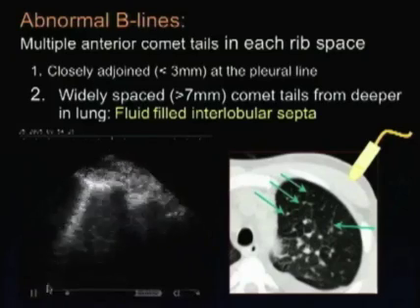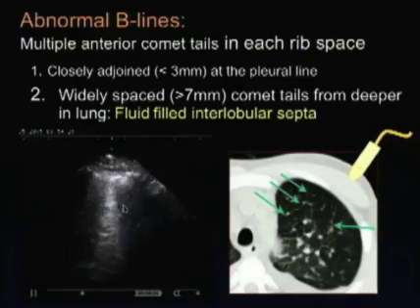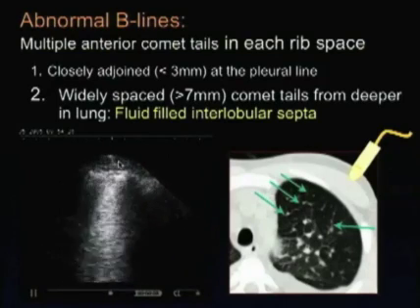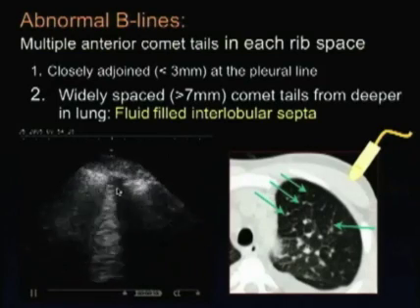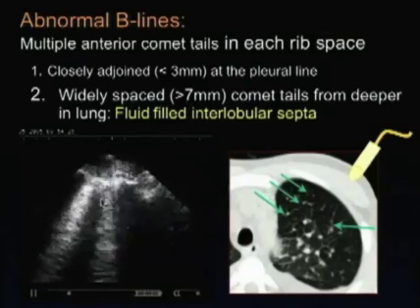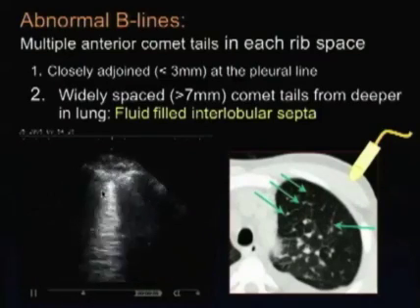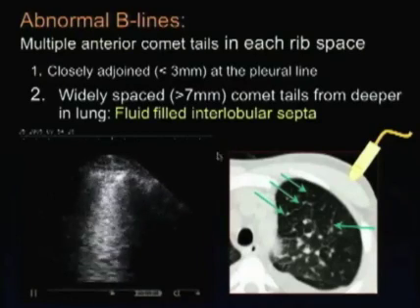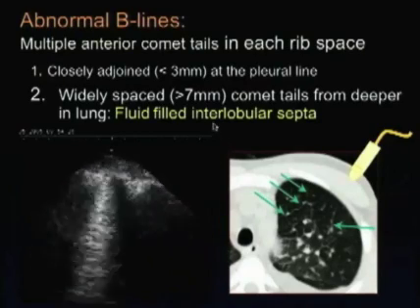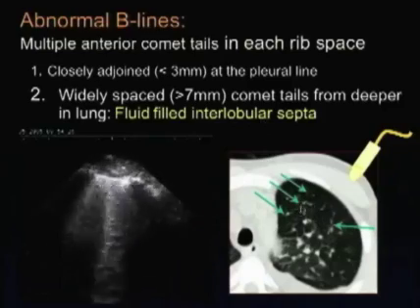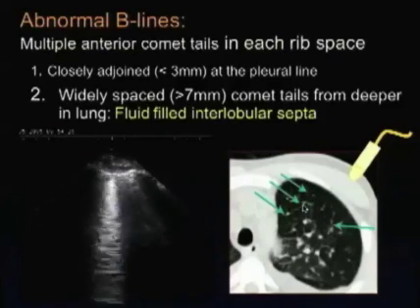Some B-lines appear to be more widely based. Some people have actually measured the distance between them, and sometimes they can be seen to rise slightly deeper within the tissue. Here's the pleural line here, and some of these lines can definitely be seen to be rising a little bit more deeply within the pulmonary tissue. And they're probably, or putatively, arising from engorged interlobular septa deeper down in the lung.